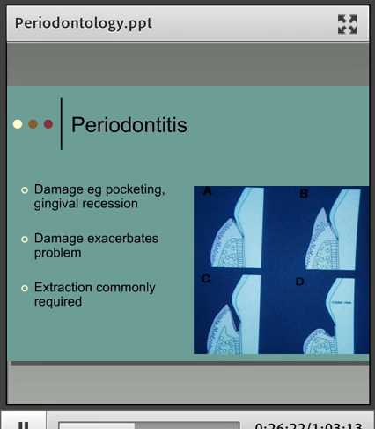So here we've got some part longitudinal sections of teeth, courtesy of Dr. Gorrell from her book. A is showing health, and we have our gingiva, alveolar bone, periodontal ligament fibers, cementum, cemento-enamel junction, enamel, obviously our dentine, and then we've got our sulcus, and we've got our epithelial attachment.